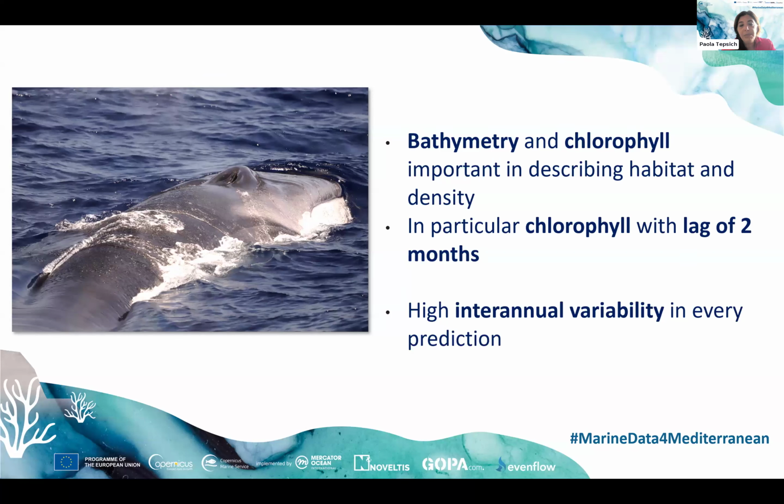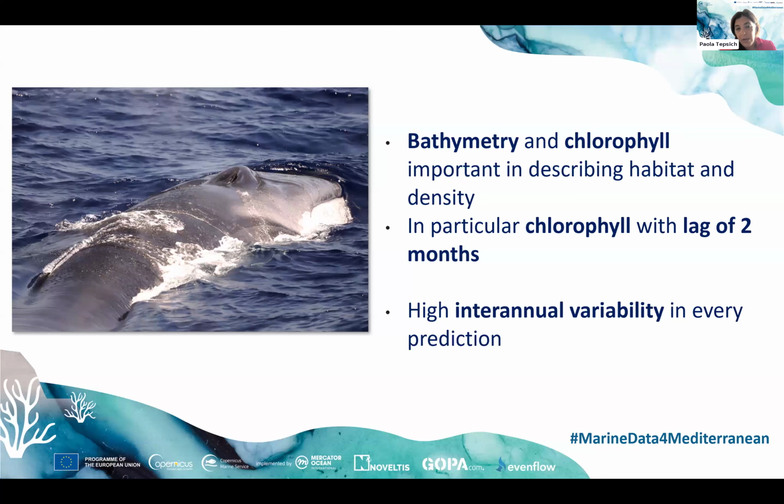Knowing that this species is present specifically and especially during the summer season, so from May on, the chlorophyll concentration with a lag of 2 months directly reflects the chlorophyll concentration during the spring blooming period that we have analyzed and explained before.